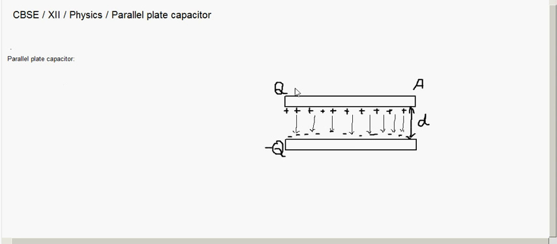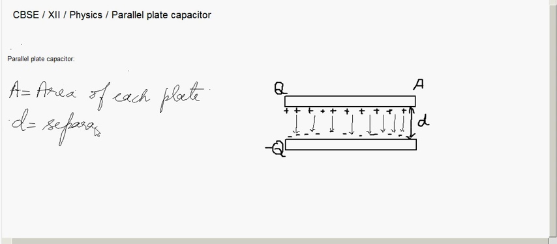We considered a parallel plate capacitor, or two parallel conductors, separated by a small distance d, where A is the area of each plate, d is the separation between the plates, and Q and minus Q are the charges on the plates respectively.